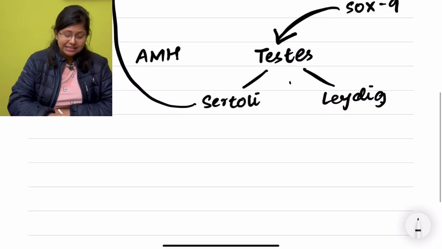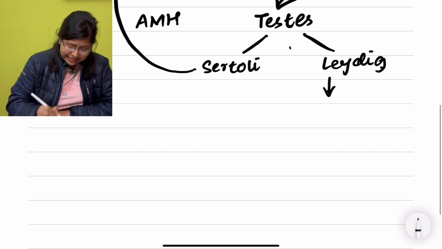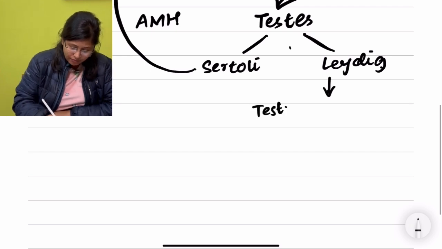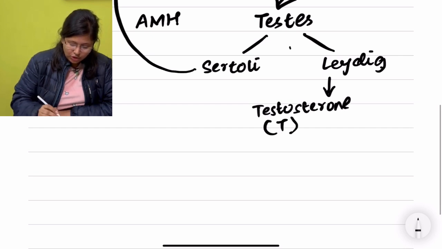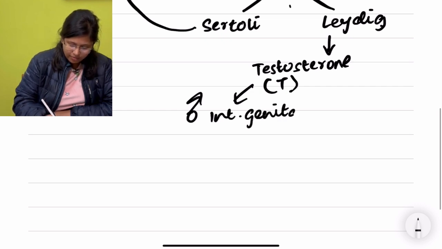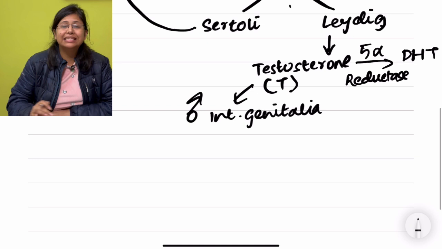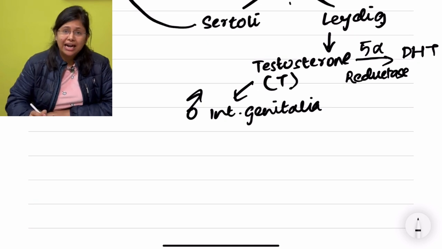How that happens is, again under the expression of SOX9, the Leydig cell secretes testosterone. This testosterone forms the male internal genitalia. Within the cell, under the effect of an enzyme called 5-alpha reductase, this testosterone is converted to dihydrotestosterone.